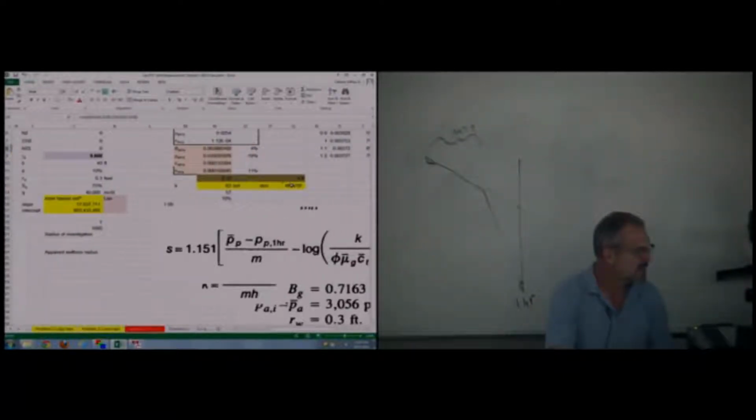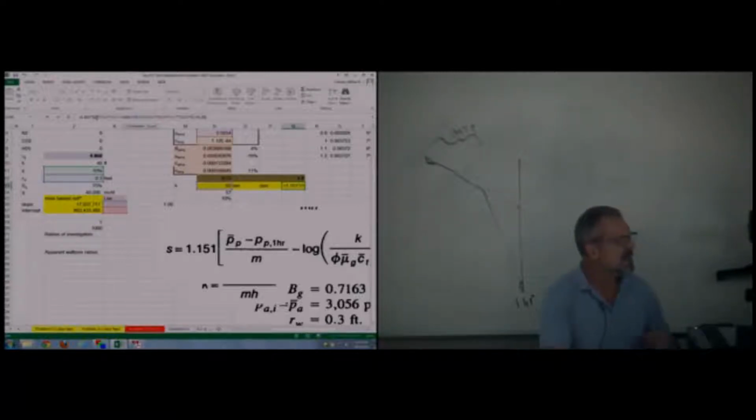Now, let's see how well we're set up here. I got 1.151. Now, I'm looking for a ratio, but I had the wrong ratio. Now, I'm gonna take this first term, and I'm gonna get the initial pseudopressure, which incidentally I don't think I have anywhere.